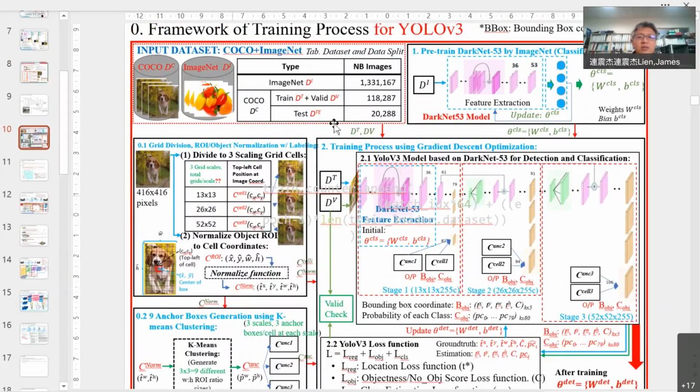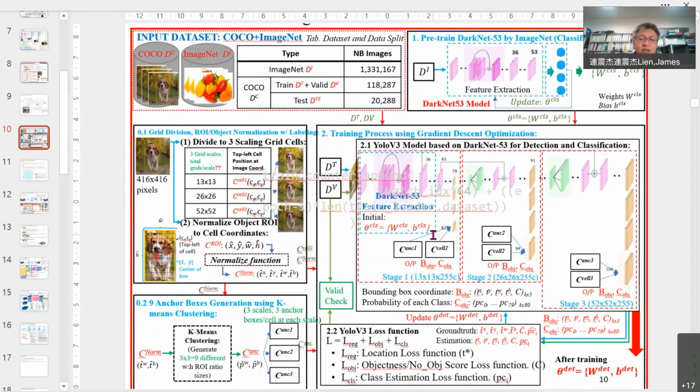So I keep talking about YOLO V3 because YOLO V3 is very similar to RetinaNet. But the difference is what I said, the loss function here. YOLO V3 continues to use a similar loss function as YOLO V2.